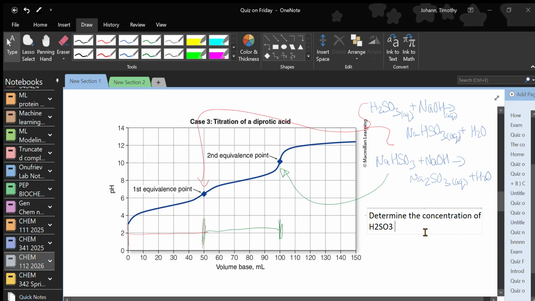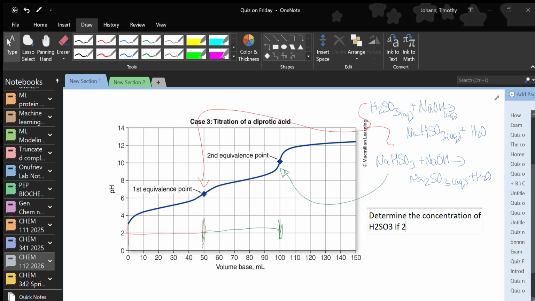But H2SO3, let's say, let's go with 25.4 milliliters of it reacts with, let's go with 0.221 molar sodium hydroxide, according to the titration curve at left.